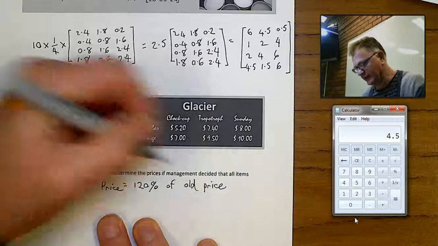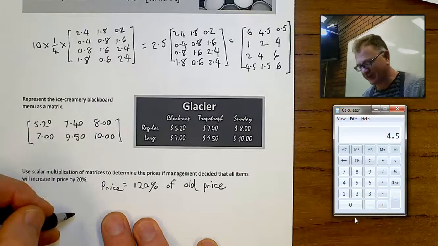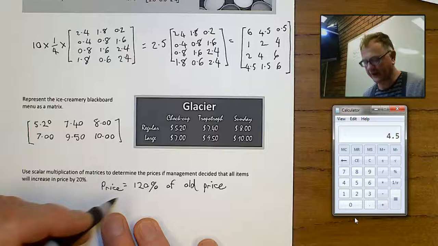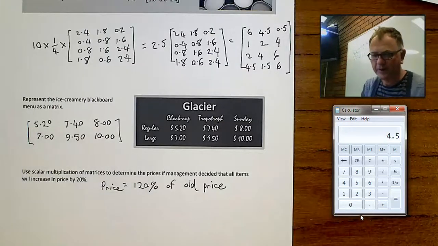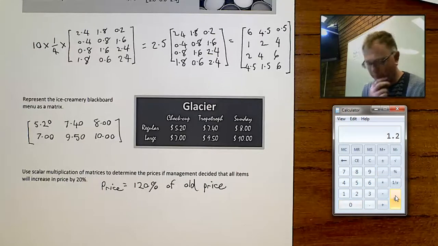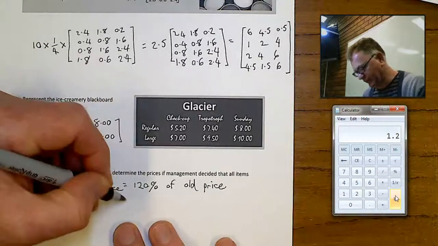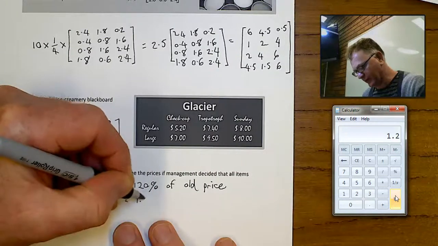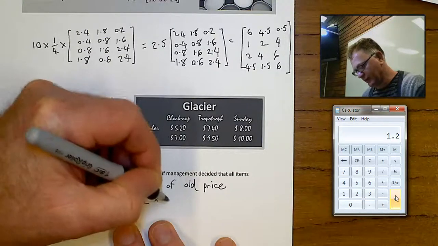I'm not adding 120% on, I'm adding 20% on. That gives me 100%. Now 120% means 120 over 100, or 120 divided by 100, which equals 1.2. So the new price is going to equal 1.2 times the old price.